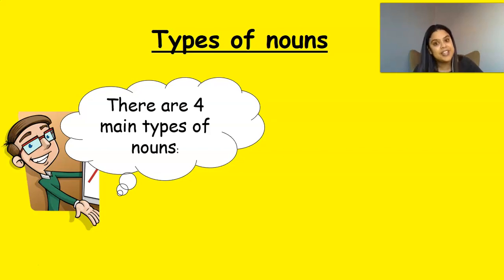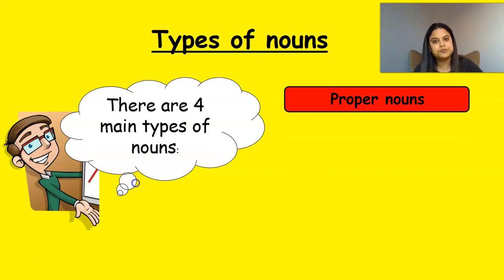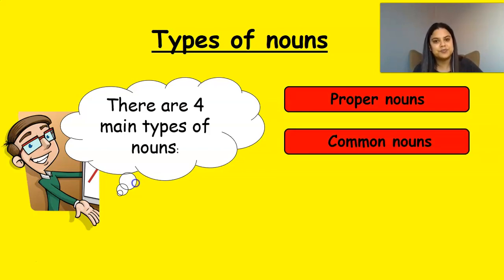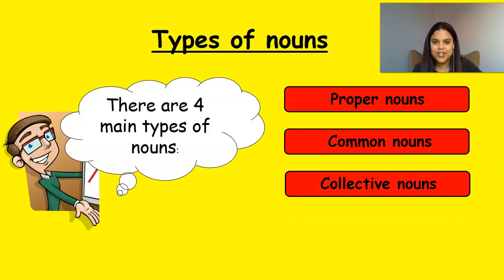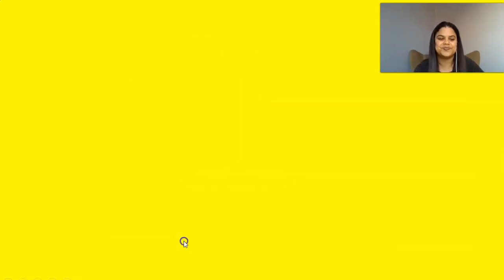The 4 main types of nouns are proper nouns, common nouns, collective nouns, and lastly, abstract nouns. Those are the 4 types of nouns that we are going to be focusing on in this lesson. I will repeat: proper nouns, common nouns, collective nouns, and abstract nouns.